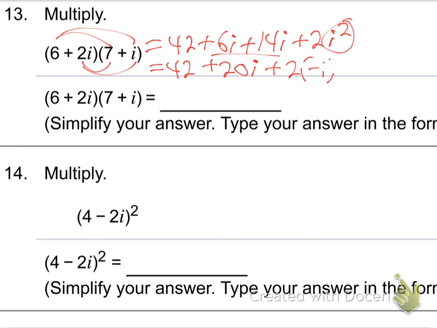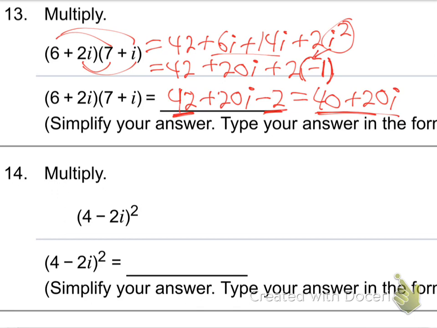We always say, oh, well, that's just negative 1. Just make that negative 1. And so what does that become? 42 plus 20i minus 2. And then 42 minus 2 is 40 plus 20i. There we go.